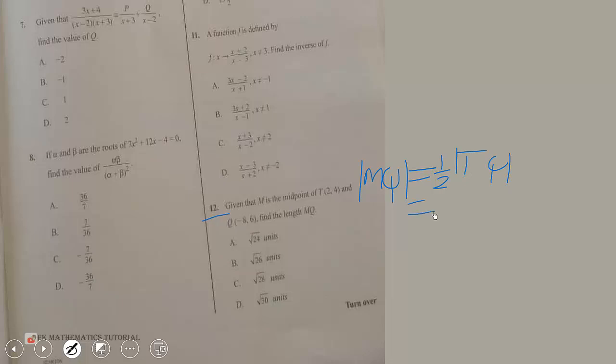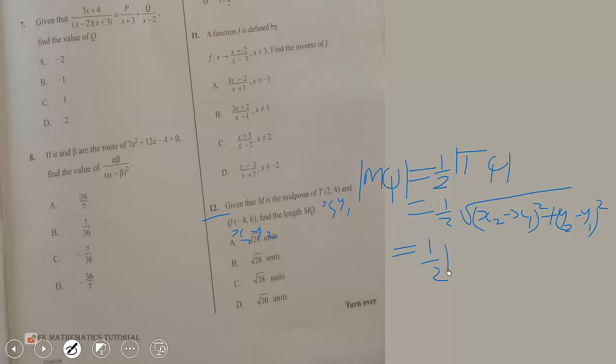To find the length of TQ, we use the distance formula. Recall the distance formula: square root of (x2 minus x1) all squared plus (y2 minus y1) all squared. So that will give us 1 over 2 times this. This is x1, y1, and we have x2, y2. The x1 is 2 and x2 is negative 8.